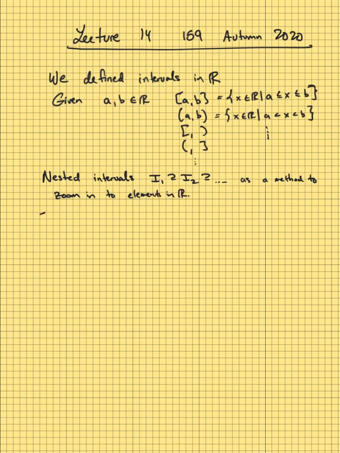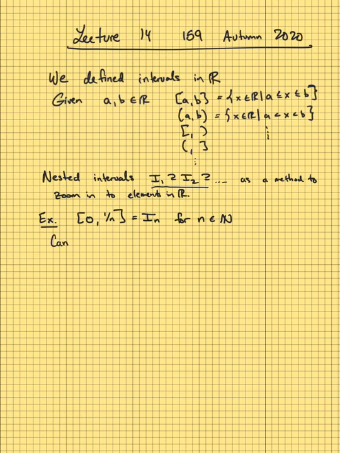Okay, so let me do an example, which is I could look at the nested intervals 0 to 1 over n, for n in N. Usually when you're looking at nested intervals, you're looking at a sequence of nested intervals, so they're naturally indexed by the natural numbers.